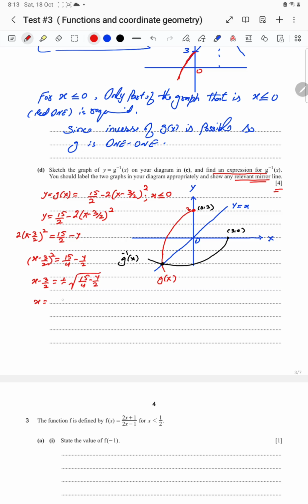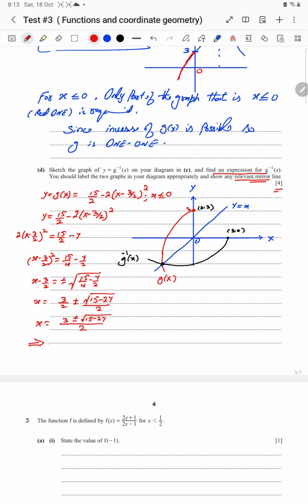So x will be 3 by 2 plus or minus, I can take the LCM, 15 minus 2y, 4 was the LCM, so divided by 2. Or x will be 3 by 2 plus or minus the square root of 15 minus 2y, by 2.